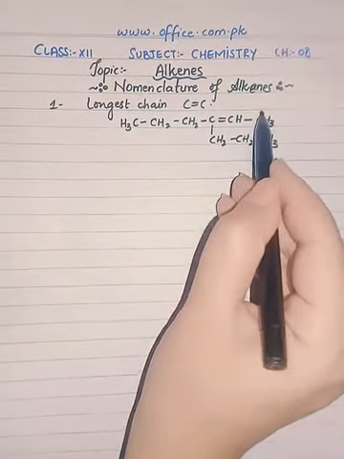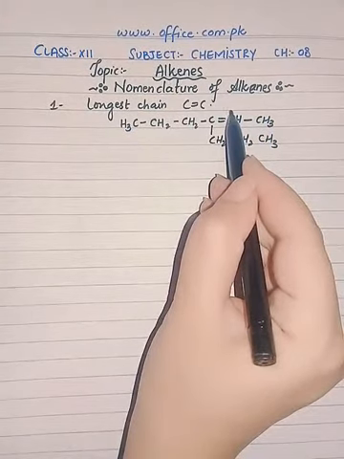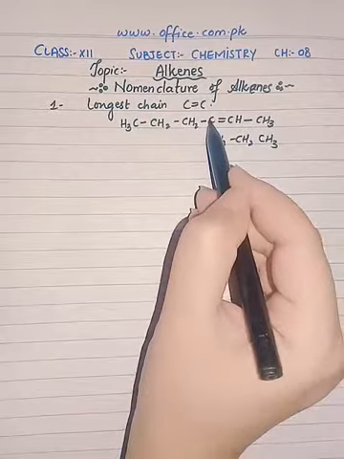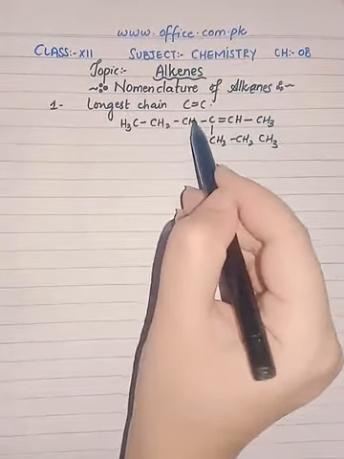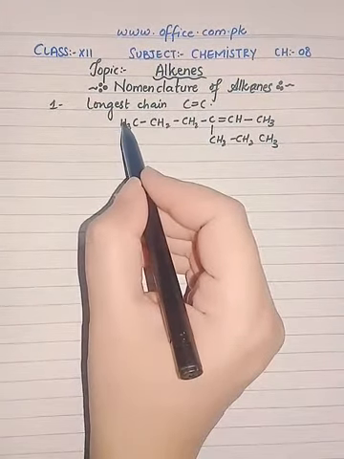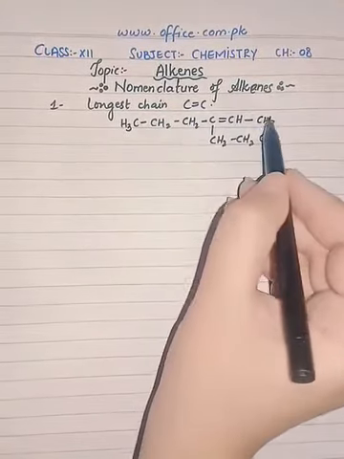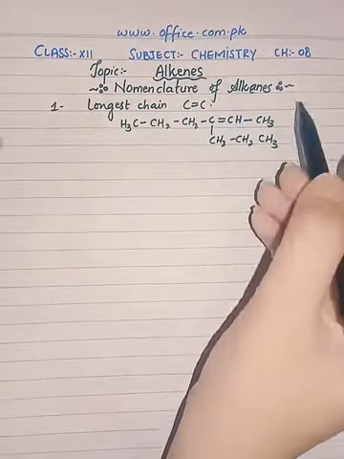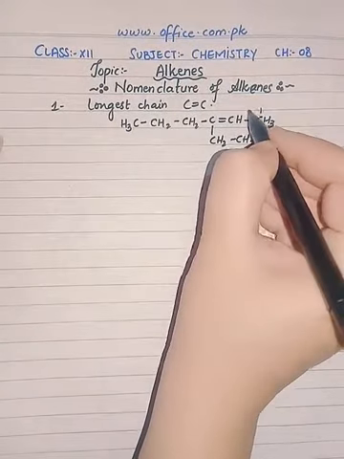This end is nearer, this is 1, 2, the second carbon will have the double bond, and if we start from here it will be 1, 2, 3, 4, the fourth will have it, and this chain will not be included. And if we start from here it will be 1, 2, 3, 4, so this is nearest to the double bond, so we will count it from here.